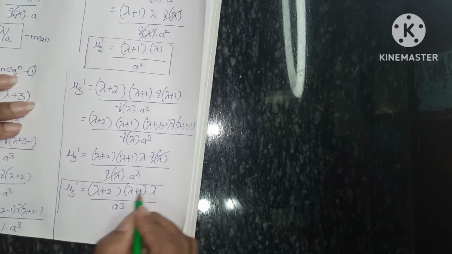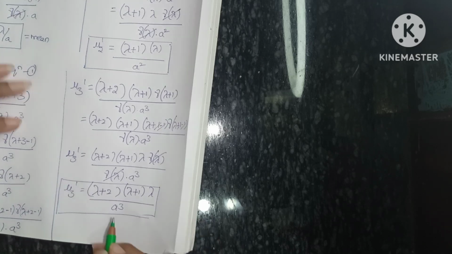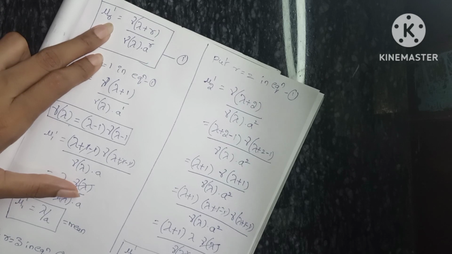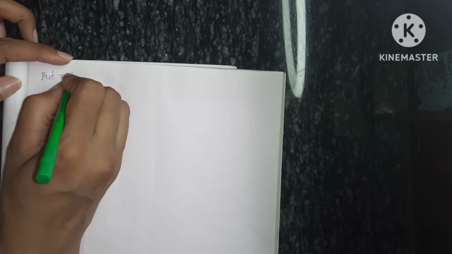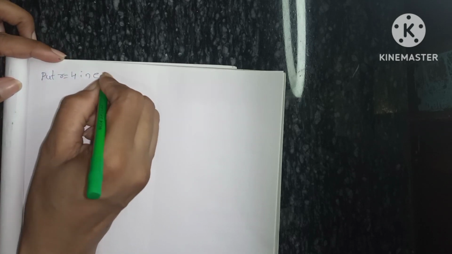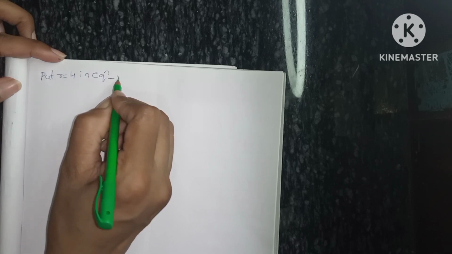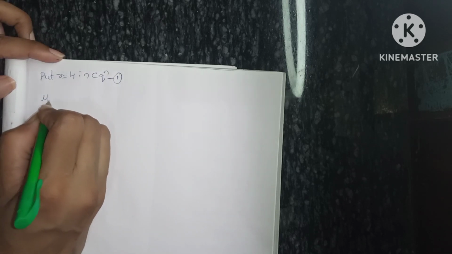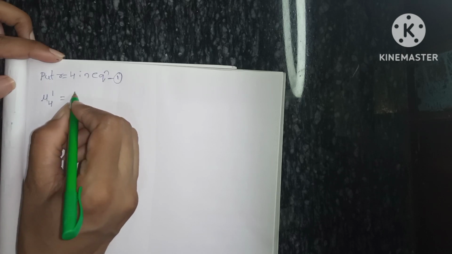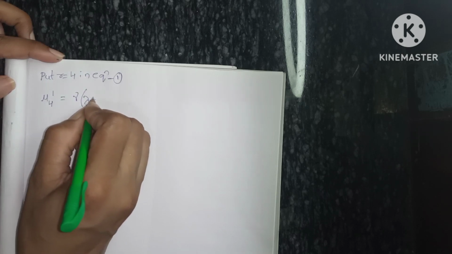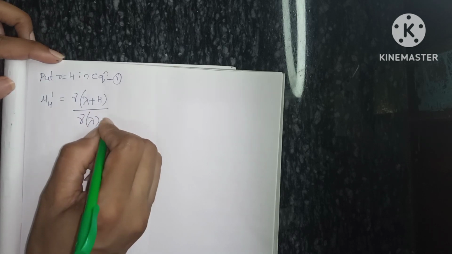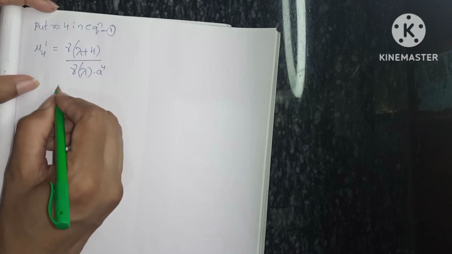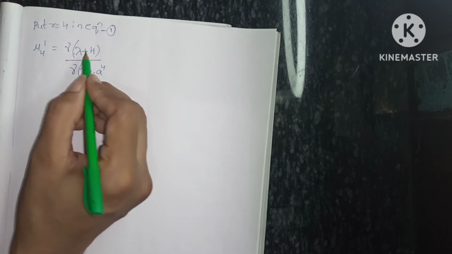Now put r equals 4 in equation 1. So mu 4 dash equals gamma of lambda plus 4 by gamma of lambda into a power 4. Again it is in the form of gamma of lambda.